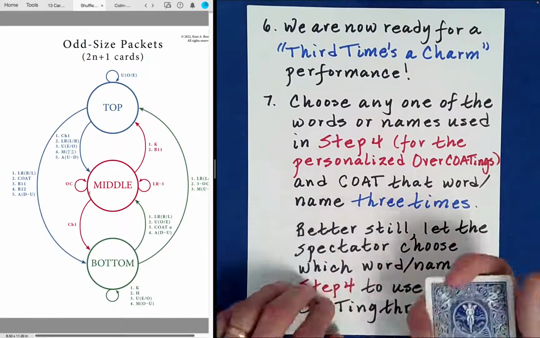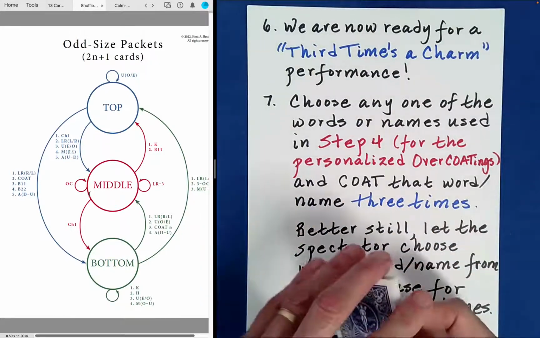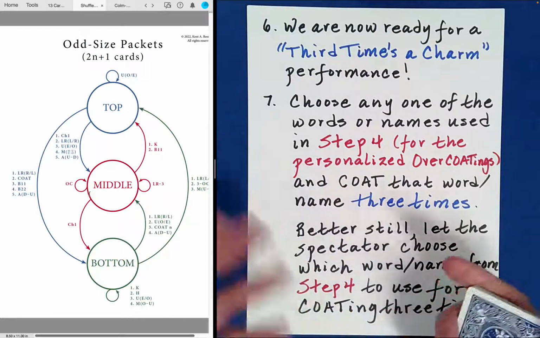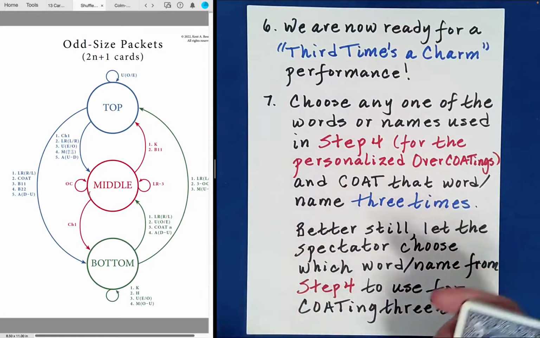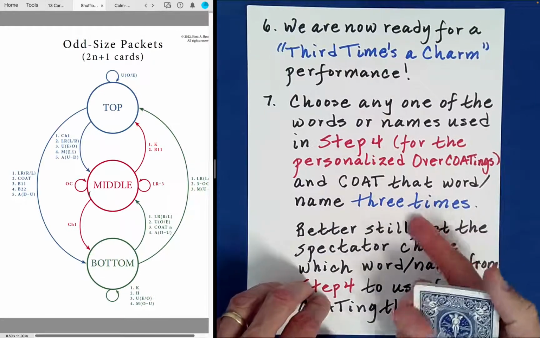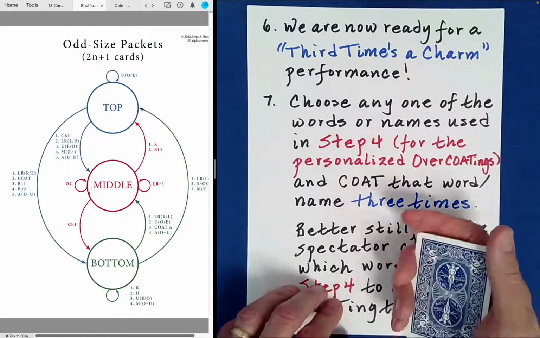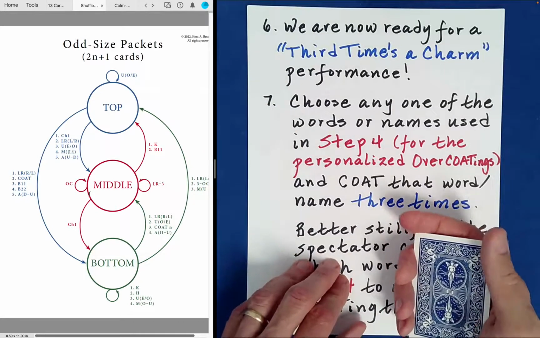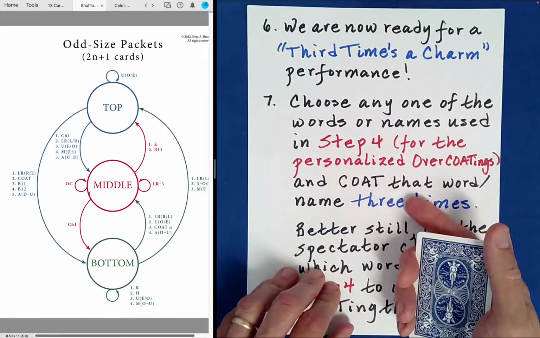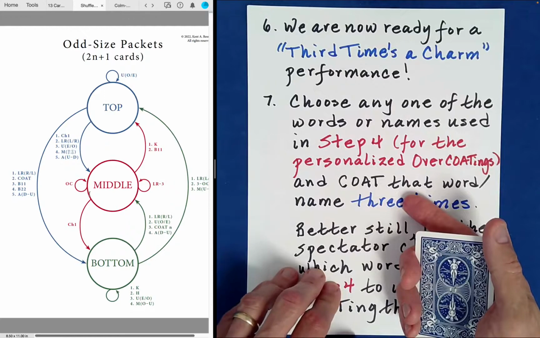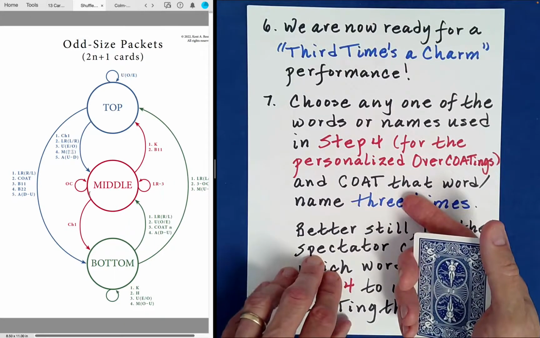You can say, you know, just a moment ago we were kind of spelling out your name and your favorite ice cream and whatever, your favorite day of the week or whatever it was. What we're going to do is I want you to choose any one of those. You know, maybe your favorite answer among the answers you gave. And then we're going to see if this claim that 3rd time's a charm accomplishes amazing things.